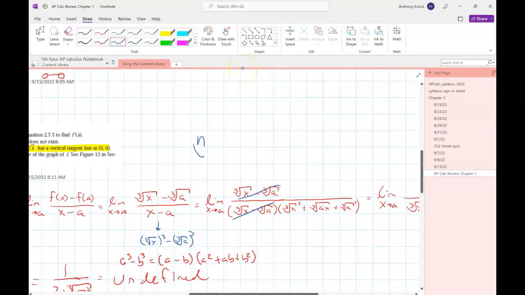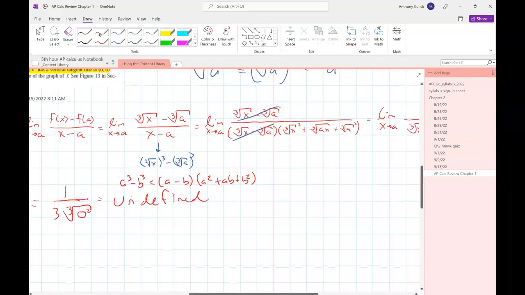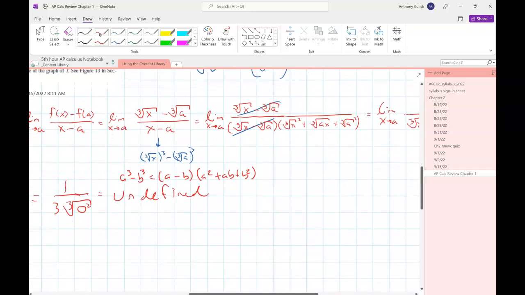Let's say the nth root of a to the m is equal to a to the m over n. So you can kind of move those exponents wherever you want to make it convenient. It felt like it was just going to be less confusing to sneak it under the radical there. Okay, so that's part B. I think that's enough.